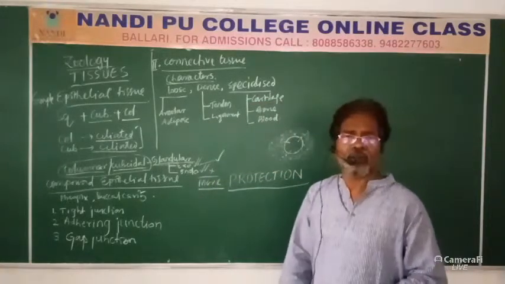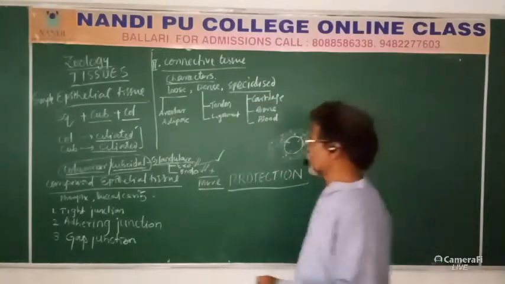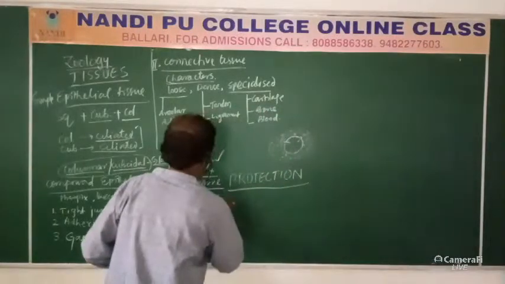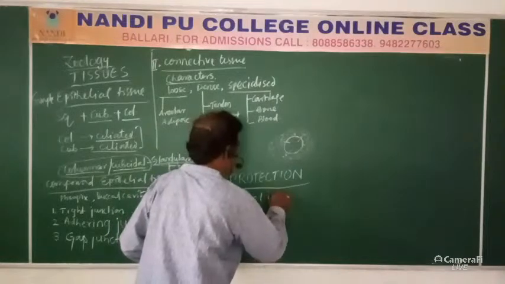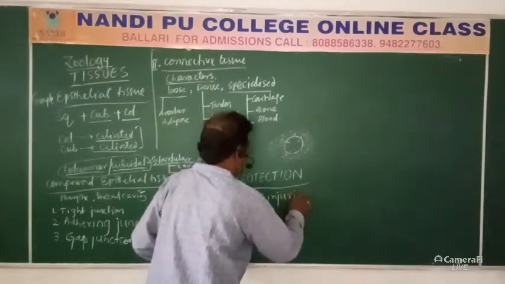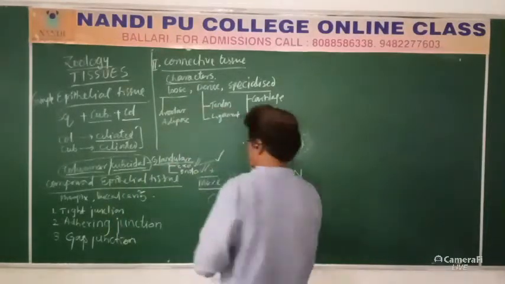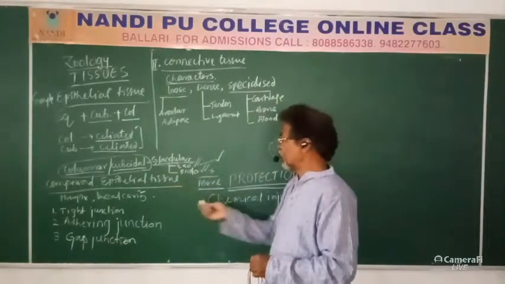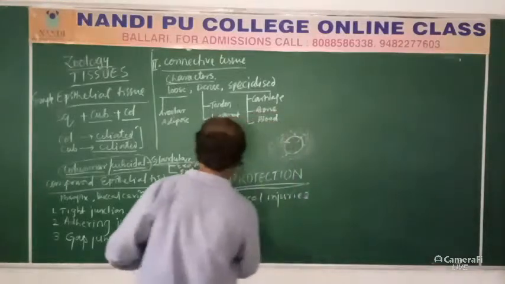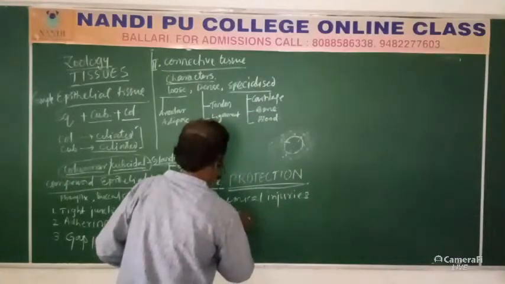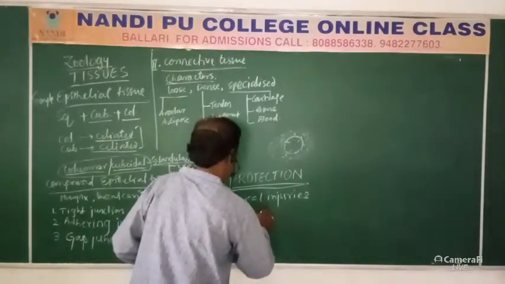What type of protection? From what? Two things. Chemical injuries can happen to our internal parts. This compound epithelium will save us from chemical injuries or from mechanical injuries.